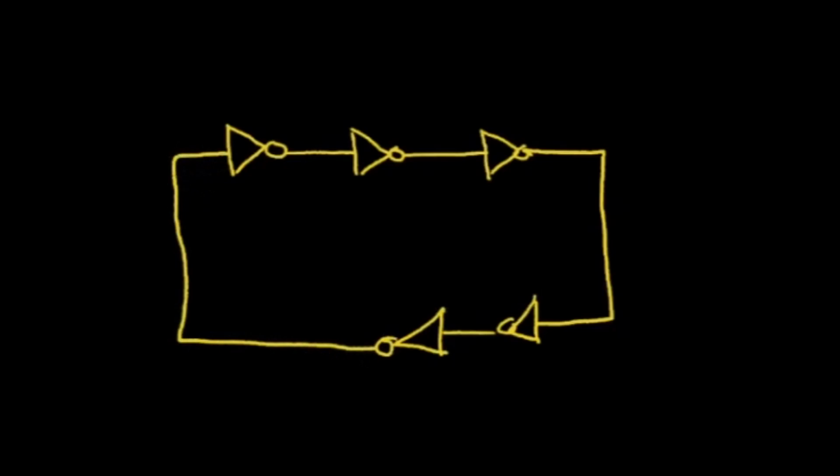Well, let's analyze it. Let's assume that this voltage here is 0 volts. In that case, this inverter output will be 2 volts. This will be 0 volts. This will be 2 volts. This will be 0 volts. And this will be 2 volts. So we have a contradiction. This output wants to be 2 volts, but we started out with 0 volts.